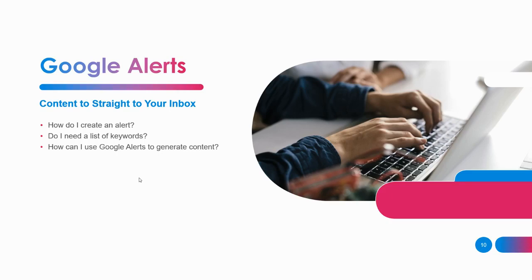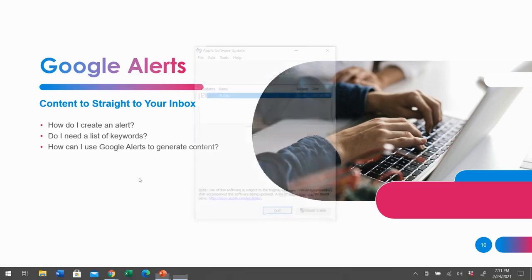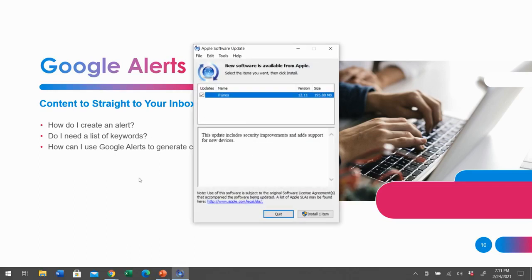Not only is this good to do for Google Alerts, but just having a list of keywords can help you with a variety of things, including your website, your blog post, and hashtags. This list of keywords will serve as a reference to develop meaningful alerts. So like I said before, Google will send this content to you based on the keywords that you provide and how often you want to receive those alerts.